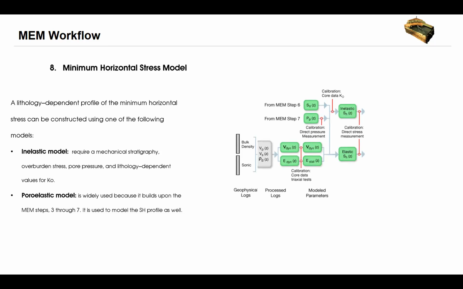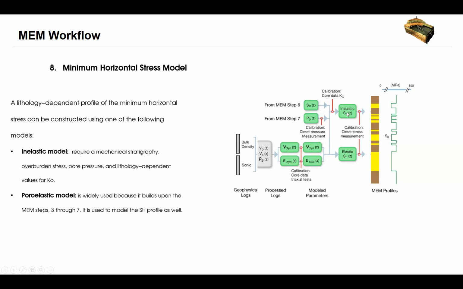The Shmin, the minimum horizontal stress profile, can be calibrated using laboratory data, or we have to use in situ measurements. Laboratory tests are used to measure the K0, which is the stress at rest, and the static elastic moduli. The in situ measurements of pore pressure combined with laboratory calibration will improve the prediction of minimum horizontal stress.